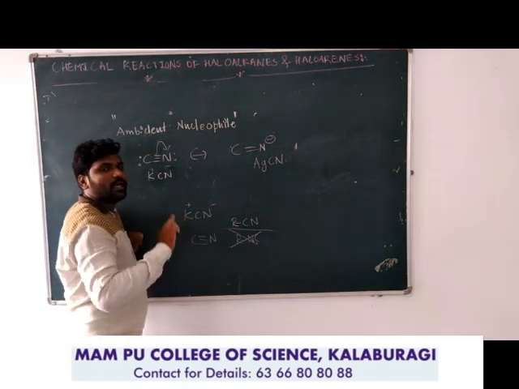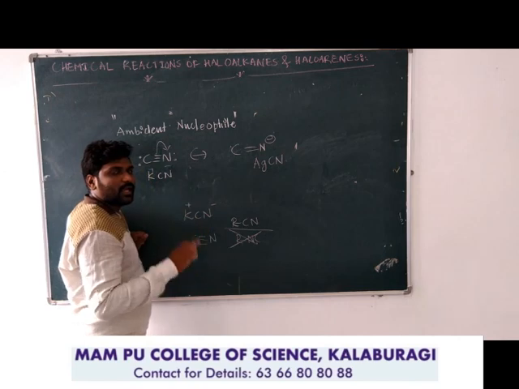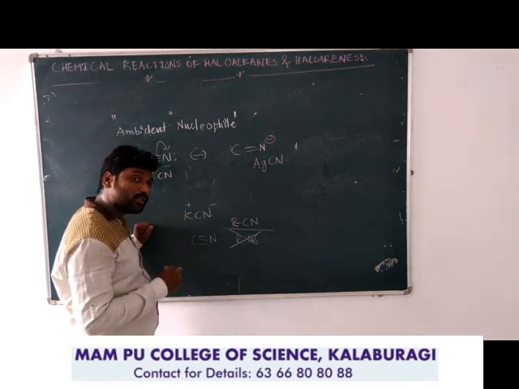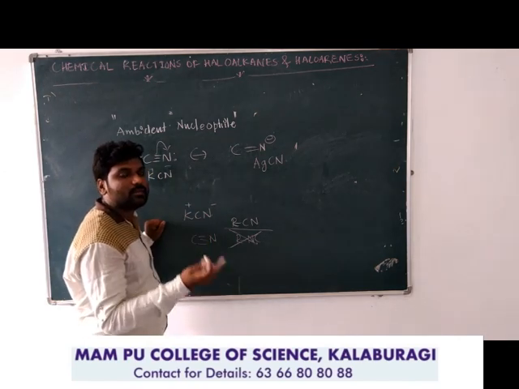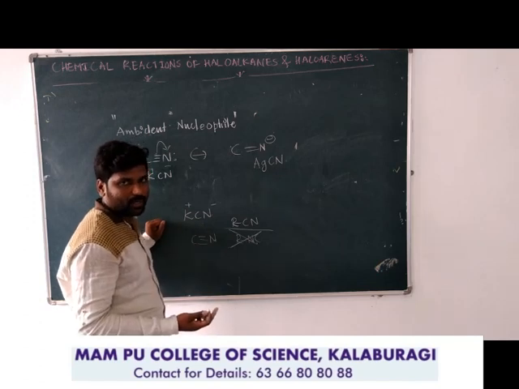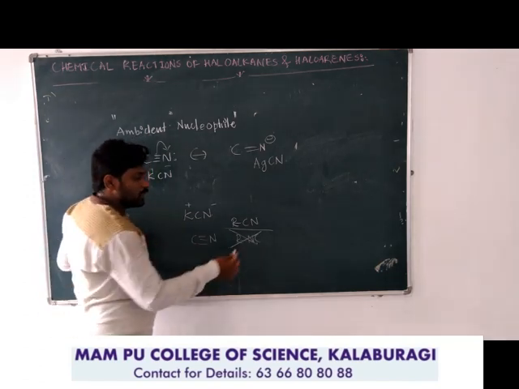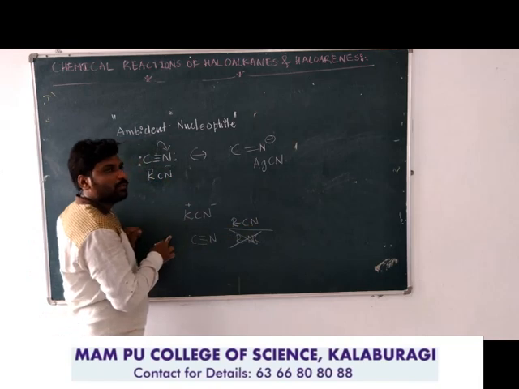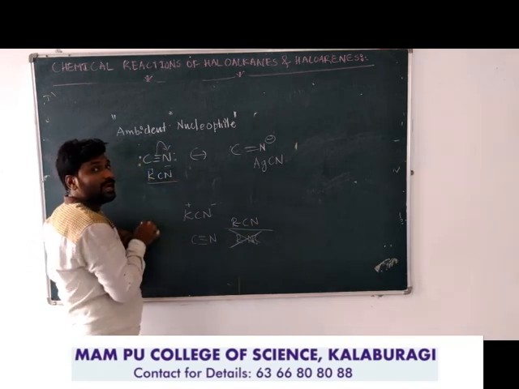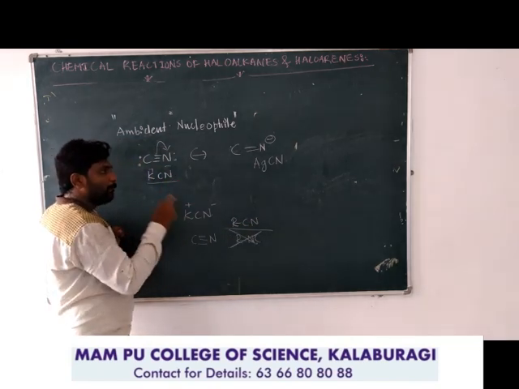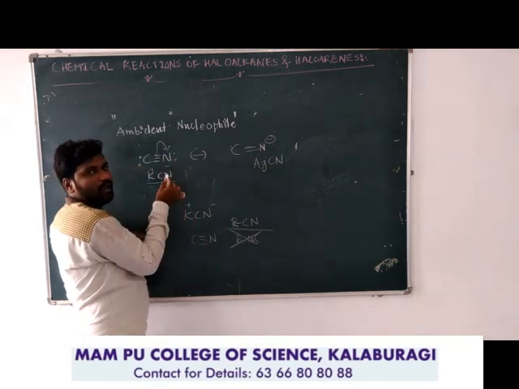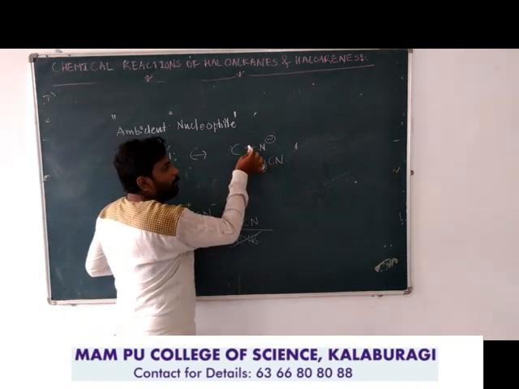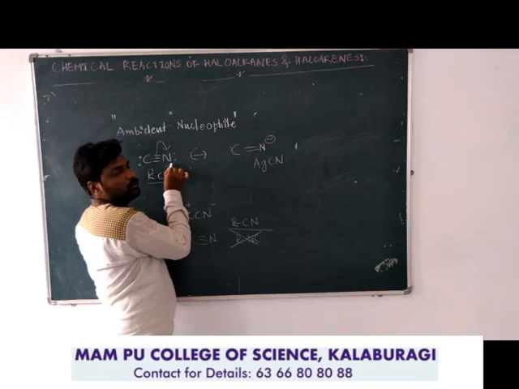Two names, cyanide or nitrile. Cyanide means CN, nitrile also CN. Cyanide is the common name, nitrile is the IUPAC name, remember. So this alkyl cyanide product is obtained whenever the cyanide is with potassium. But due to the resonance effect, the pi electrons are migrated on the nitrogen atom.